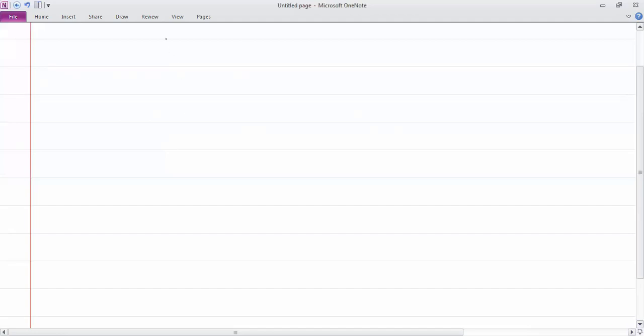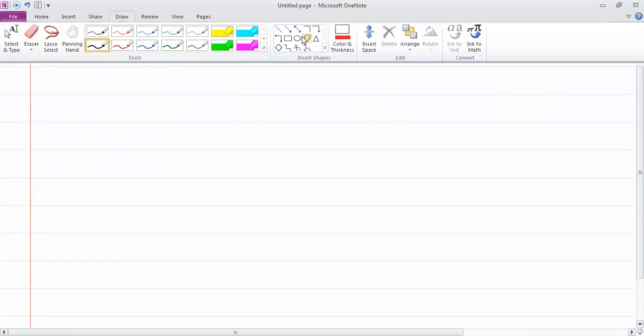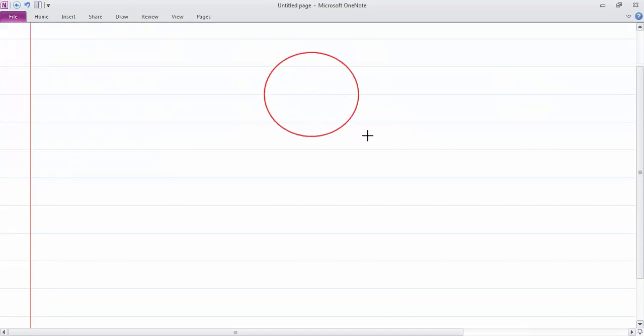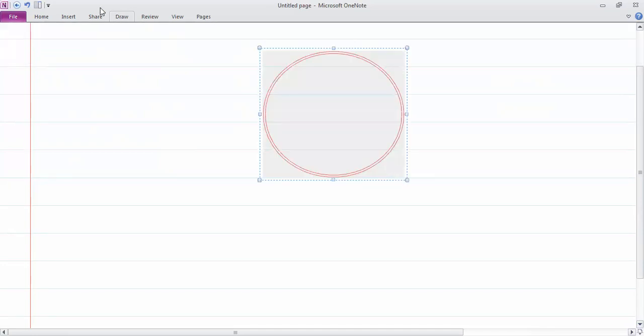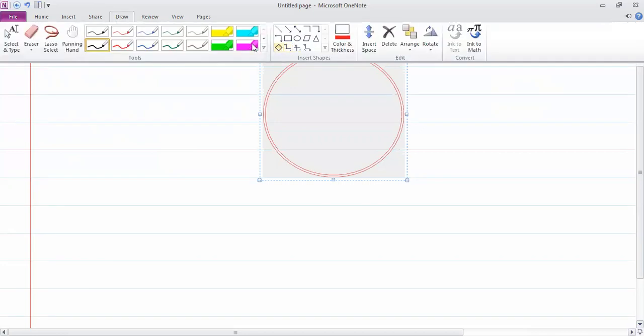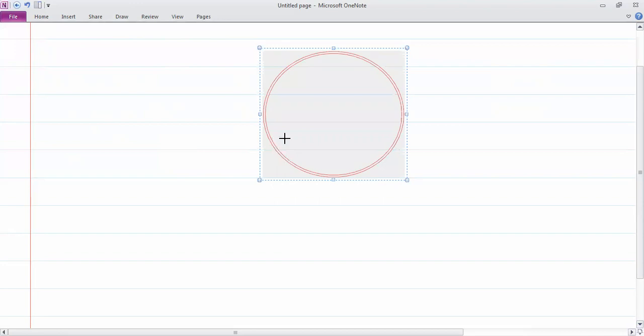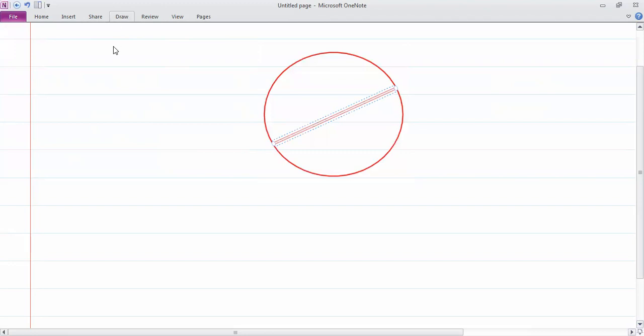Then the next one is, let's say we have a circle. In the circle, we know that the line that passes through the center, for example, if this is passing through the center, we call it diameter.